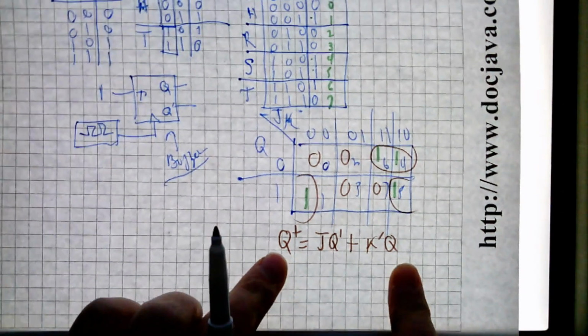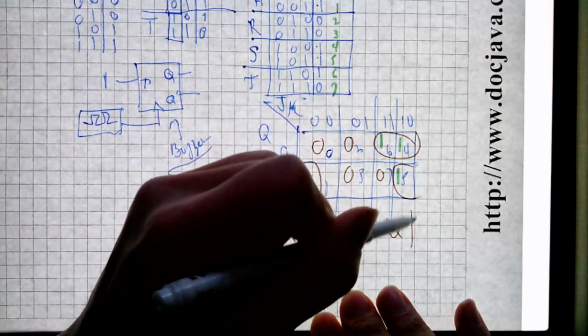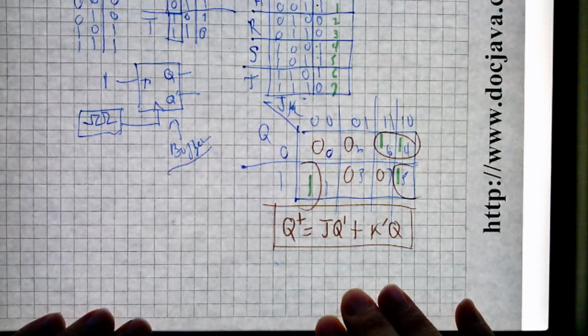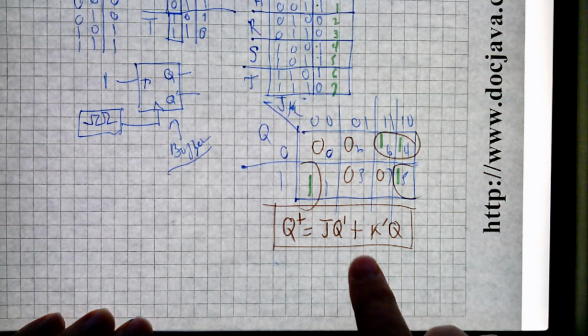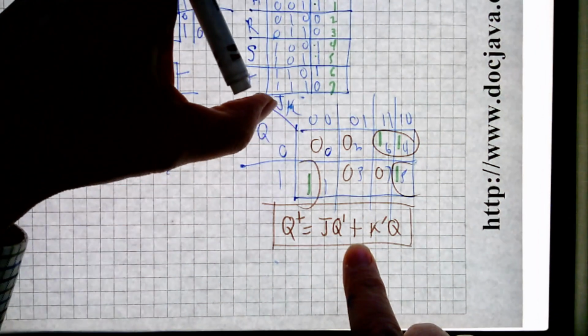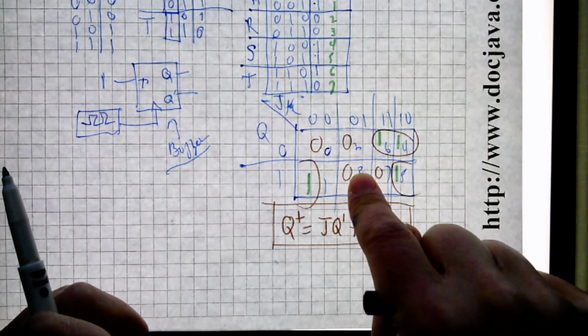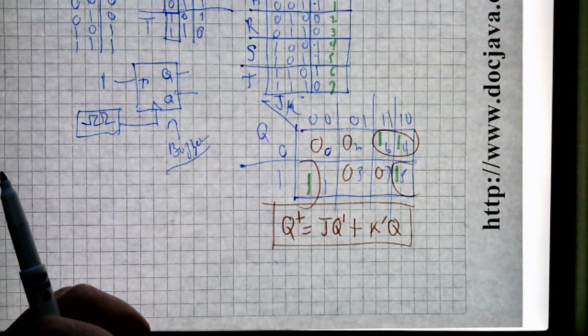And that is the characteristic equation of the JK flip-flop. Pretty sweet, right? That summarizes this whole truth table using our good friend the K-map.